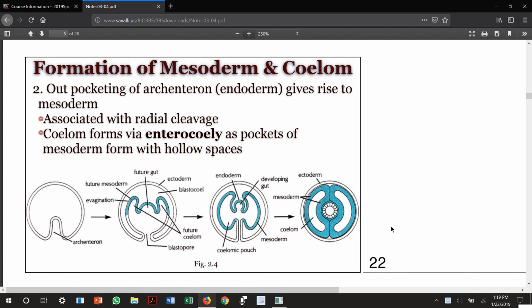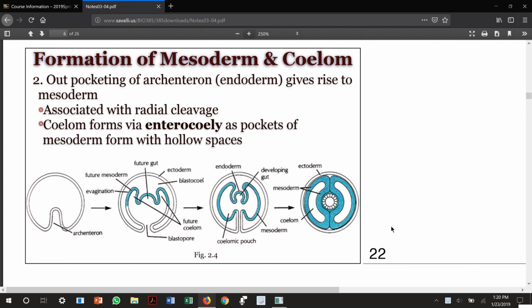The end result looks pretty similar, so you can't really look at an animal in cross-section and determine which way the coelom developed. You basically have to actually look at the process of development. But the key thing in both of these cases is that the mesoderm comes from part of the endoderm here, either as separate cells that migrate into the space or as an outpocketing of the gut of the endoderm to form a separate layer.